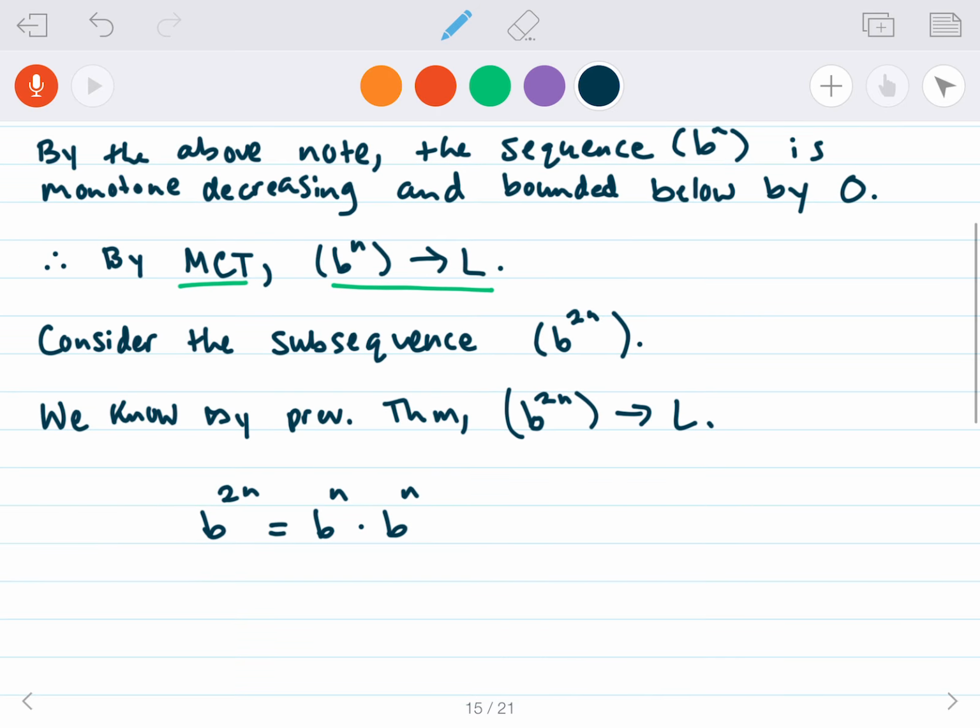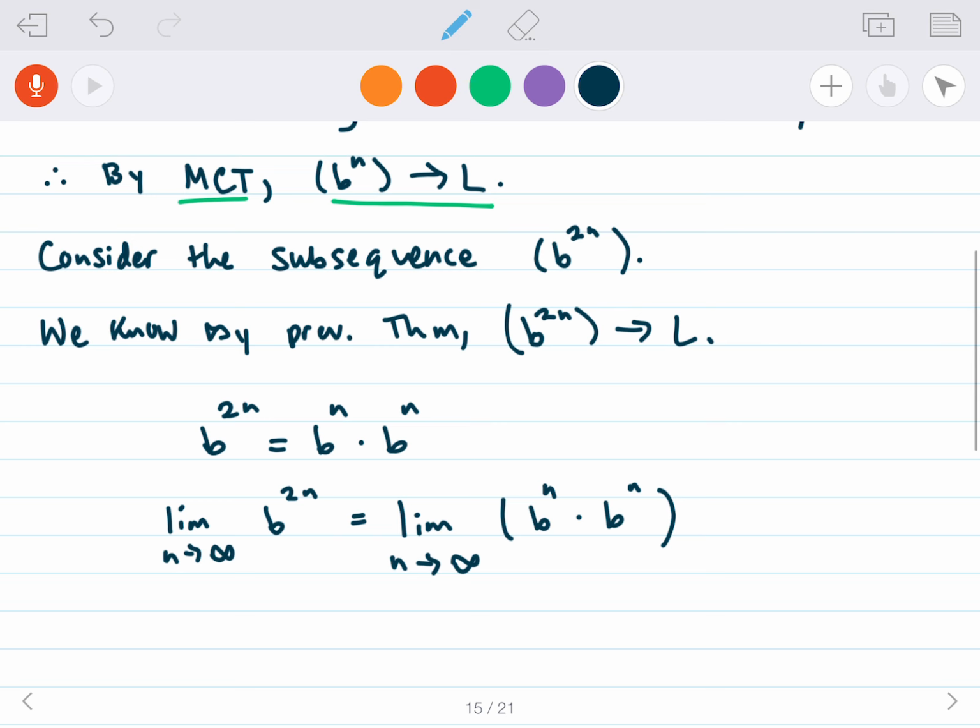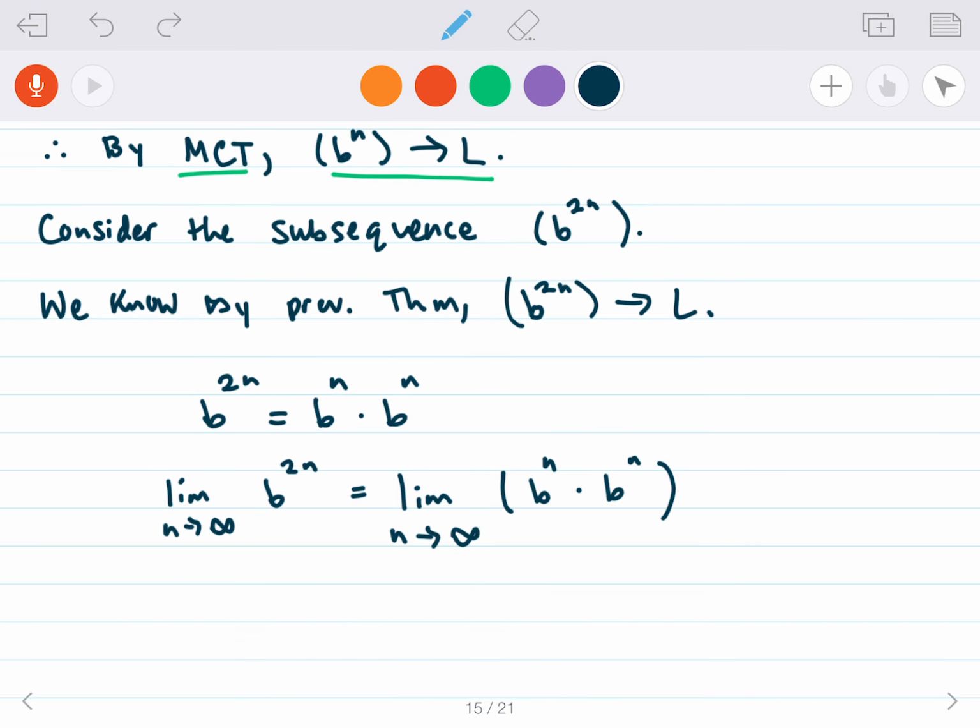And so if we take the limit as n goes to infinity of both sides, this goes to L, and each of these factors goes to L as well, so we have L equals L squared.